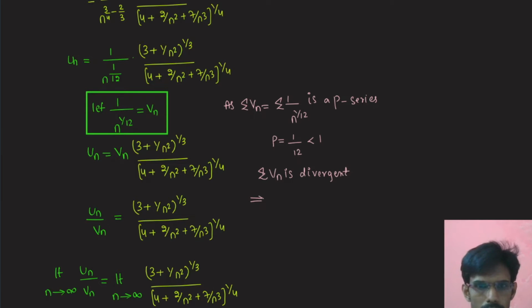That implies sigma Un will automatically be divergent by comparison test. According to comparison test, both series converge or diverge together. So sigma Un is also divergent.